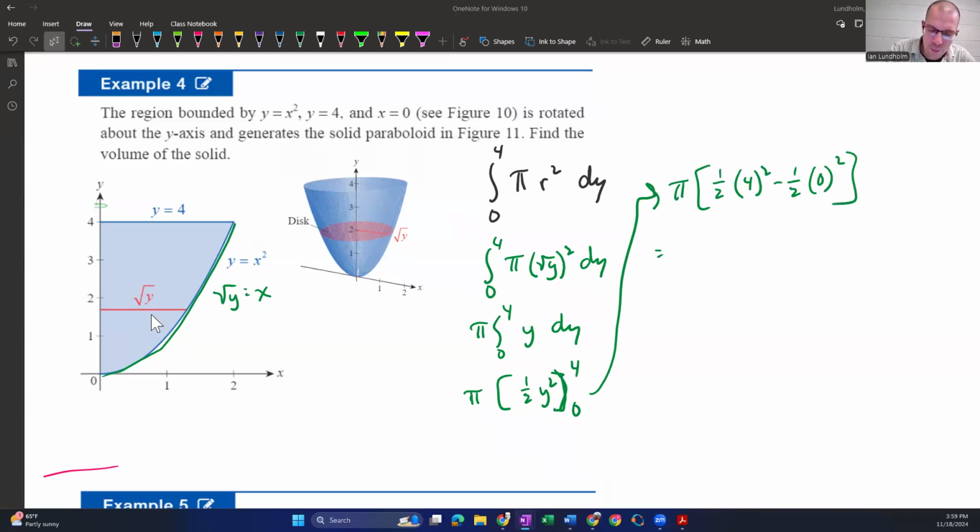And so 4 squared is 16, half of 16 is 8. Here we get 8 pi as the volume of this paraboloid shape. It means that we've added up the cross-sectional area of a bunch of circles from the bottom up to the top, which is pretty good.